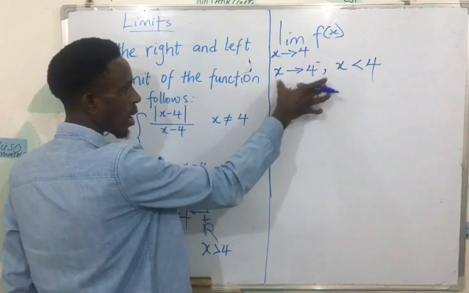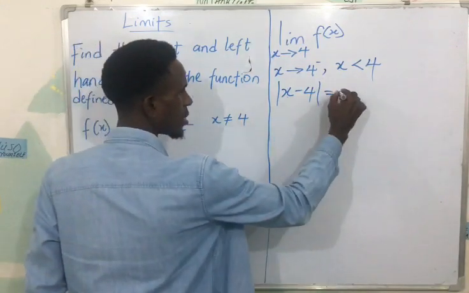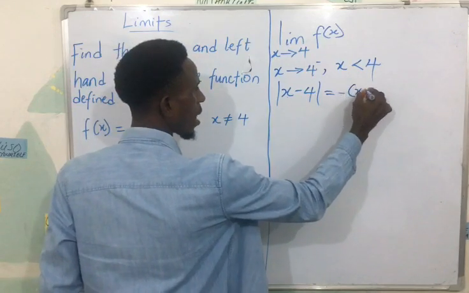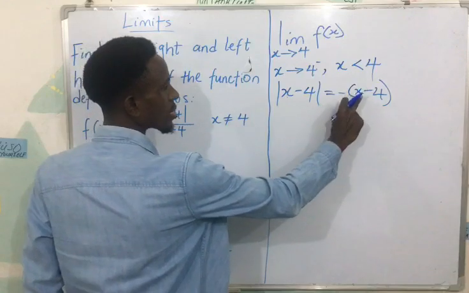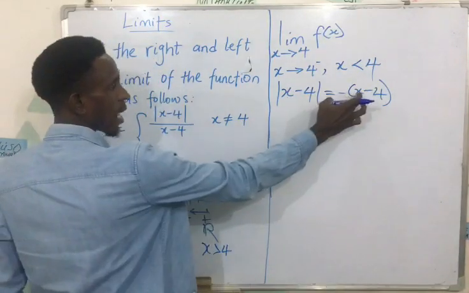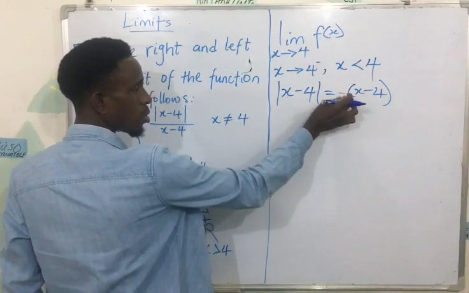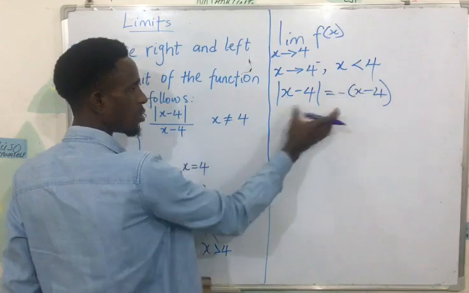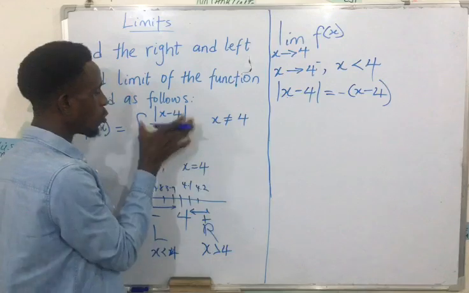That negative number, when I take the absolute, is going to be positive. So I can have something like this, minus of x minus 4. Negative multiplied by negative is going to give me positive, which is the absolute of this. So that's what I'm going to use here.